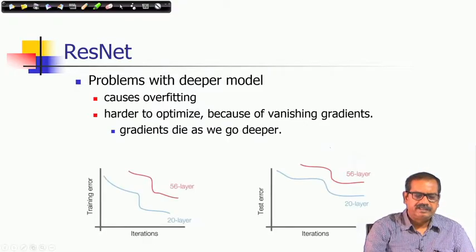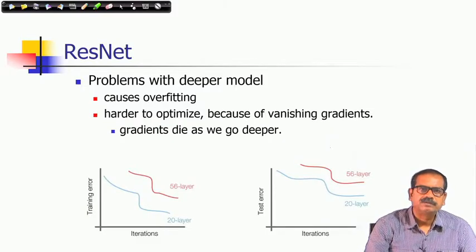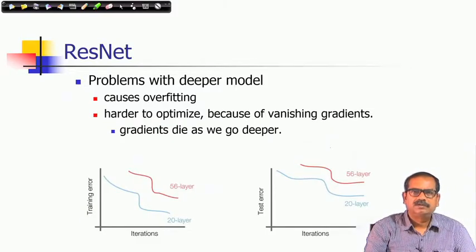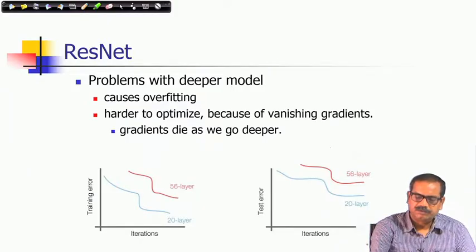For this ResNet we will discuss the architecture. So, this is the problem. You can have a good training error, but your test error would be quite high if you increase the number of iterations, if you go by more number of layers.